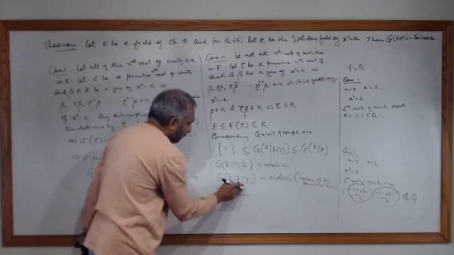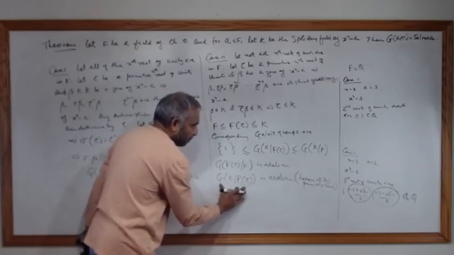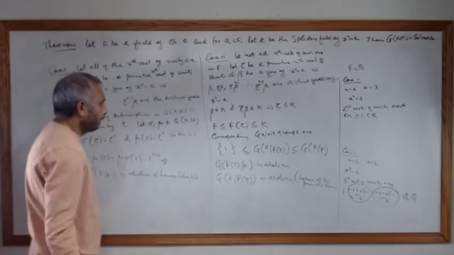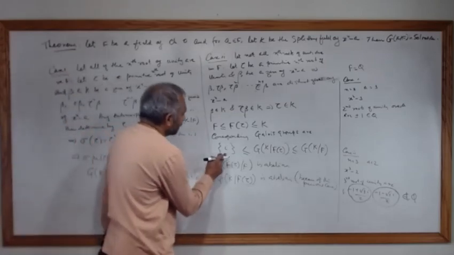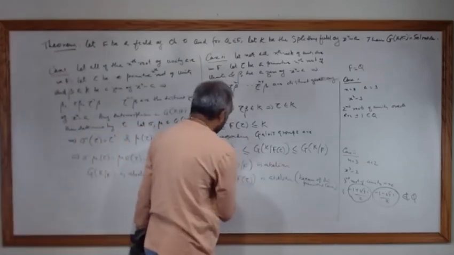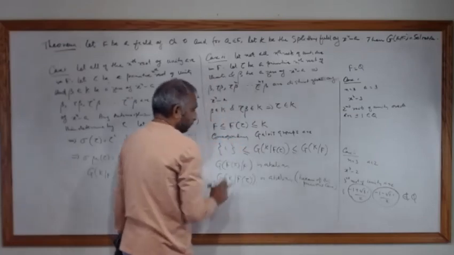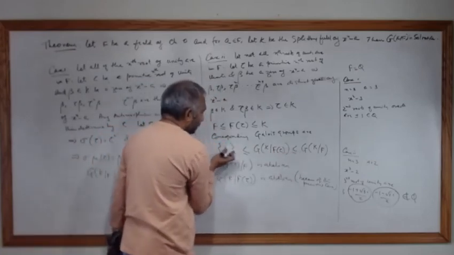If all the primitive nth roots are in F of zeta, then this is an abelian group because of this. So we have a subnormal sequence of subgroups of this here. We need to show that the factor groups are abelian.